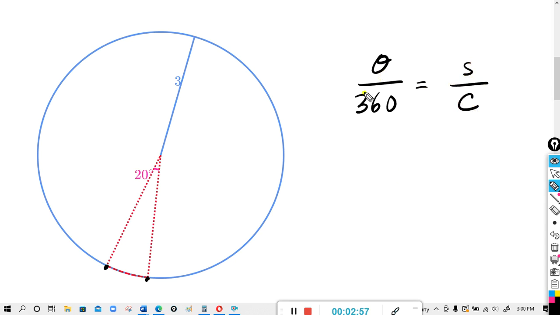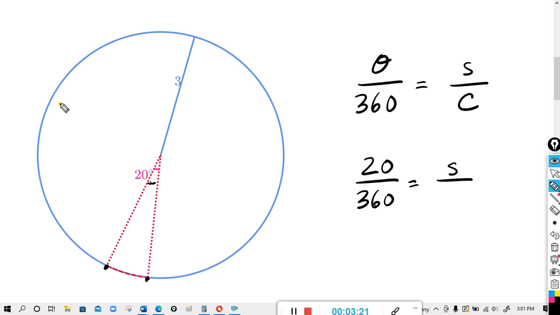The central angle theta is this angle in here. They gave it to us in the diagram in the write-up. That's 20 degrees in place of theta, divided by 360. S is the arc length, and C is the circumference, which we can easily find.